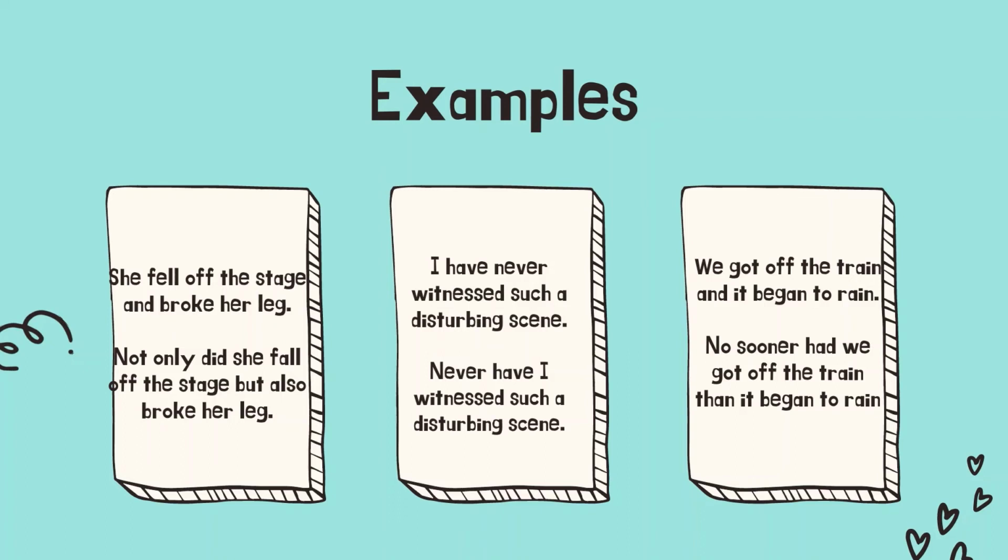For example, if a verb is next to not only, then a verb should be next to but also. Or perhaps if there is a noun in the first part of the sentence, then a noun should be in the second part of the sentence.